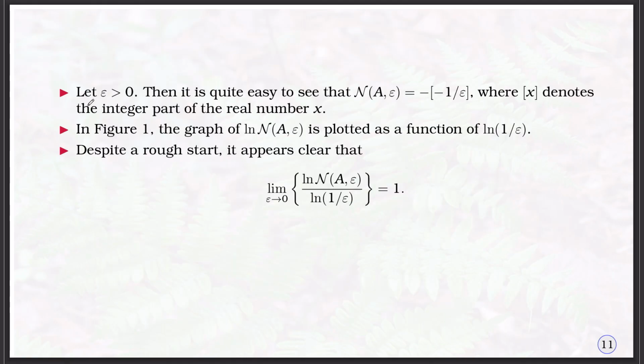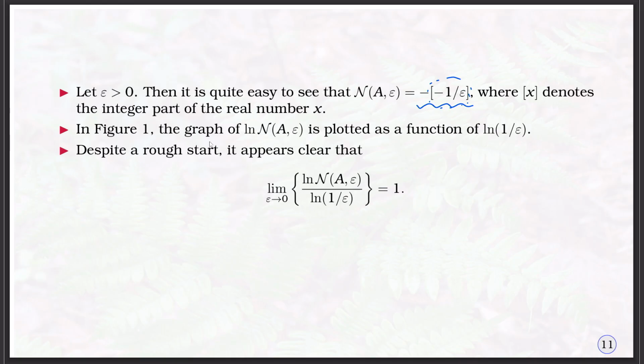Now, let epsilon be greater than 0. Then it is quite easy to see that the number of balls required to cover A with epsilon, we can choose like this one. The integer part of this function is the integer part of the real number. So, the integer part of 1 by epsilon can be taken to denote the number of boxes required to cover A, that is N(A, epsilon).